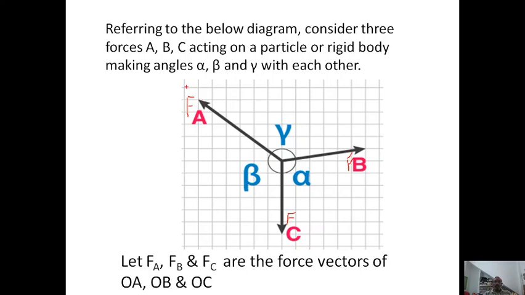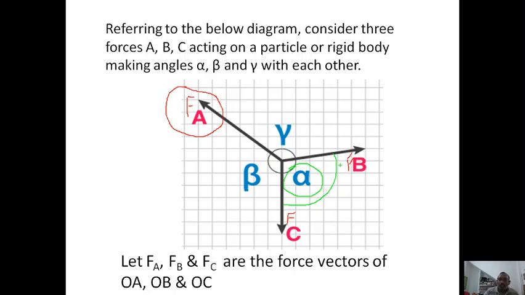When I am talking about Fa, I should take the angle between the other two forces. If I am talking about Fa, the remaining forces are Fb and Fc. Hence, I should take the sine of the angle between Fb and Fc, that is sine alpha. For Fa, I should take sine alpha.